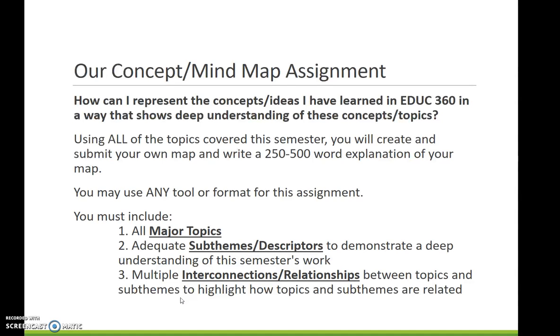For example, if I'm thinking about standards and gradual release of responsibility lessons, and I think about the assessment and the objectives and the standards, those are really all connected. So I might draw lines between them to show that objectives are based on standards and assessment is based on objectives, just to show that I understand that relationship.